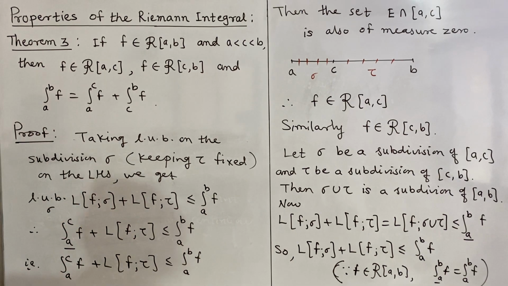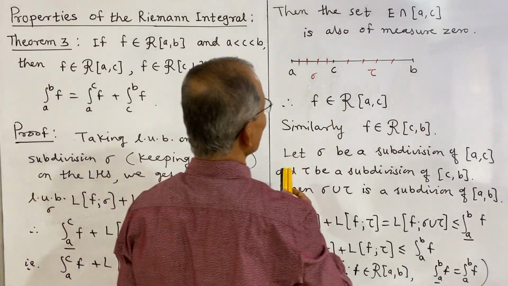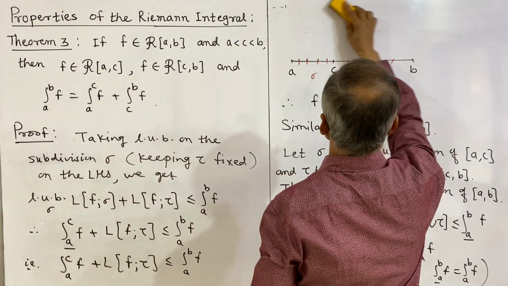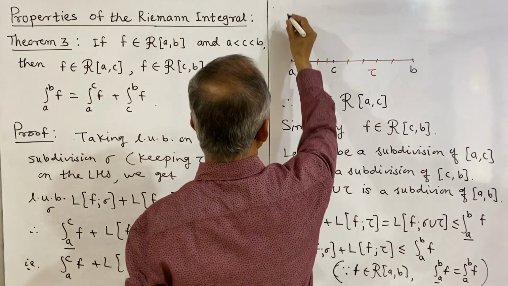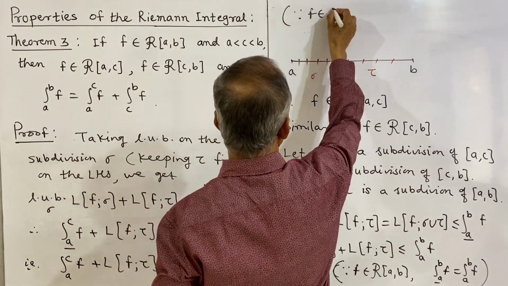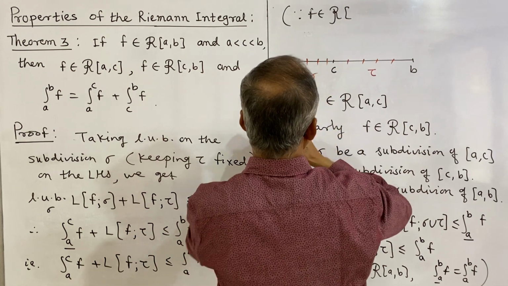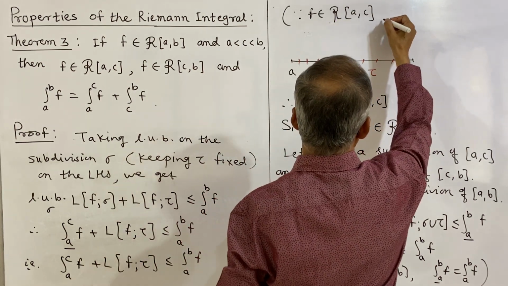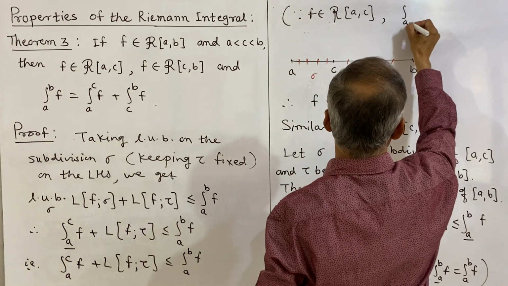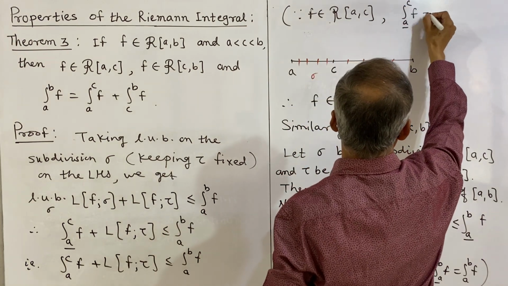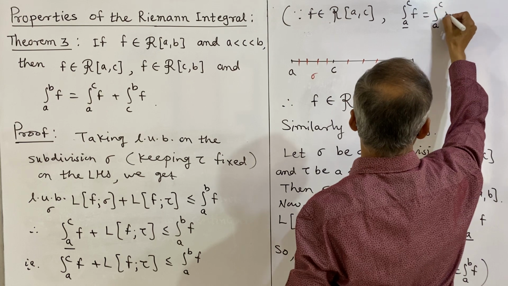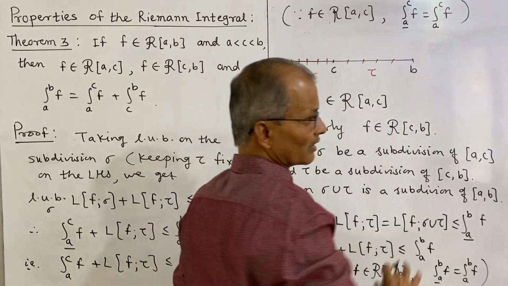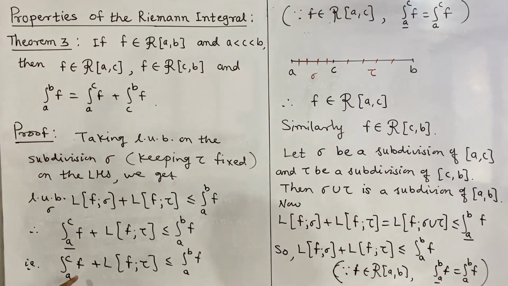The reason is that since f is Riemann integrable over the closed interval a to c, the lower integral is equal to the integral, and thus this is the result we have.